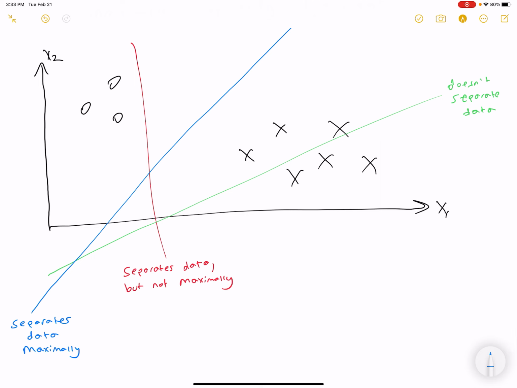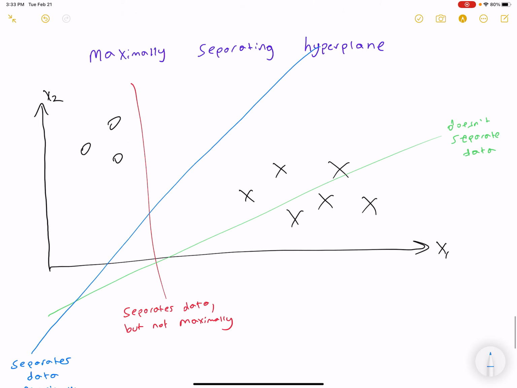What do you mean by maximally separating something? So basically it means that the distance between the circles in the plane is just as much as the distance between the x's in the plane. So it's basically in the middle.